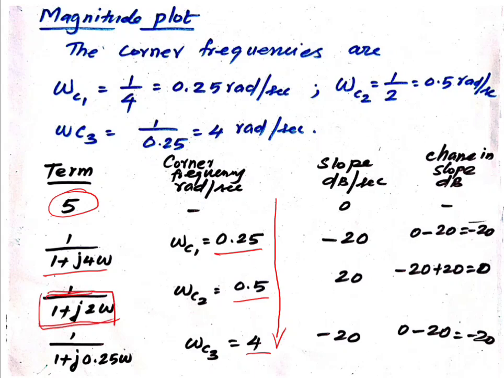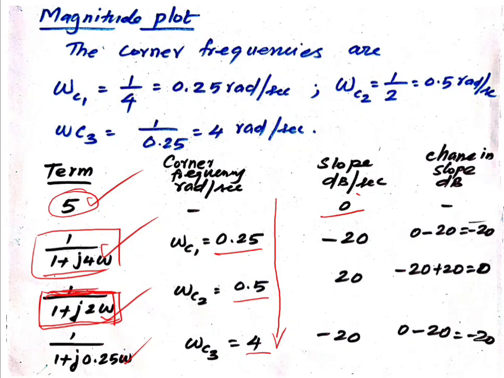Already told you that we have four terms. Two terms are in the numerator, that is 5 and 1 + j2ω, and the other two, that is 1 + j4ω and 1 + j0.25ω, are in the denominator. So for the constant term the slope is 0, and the second term is 1/(1 + jω).